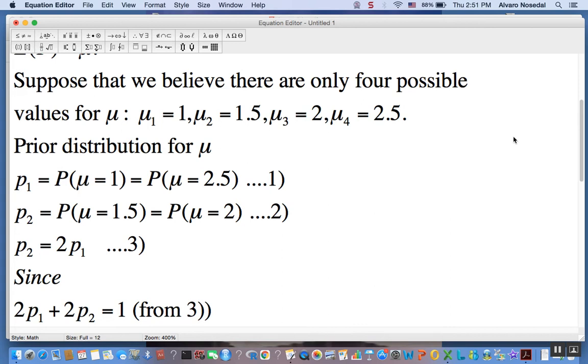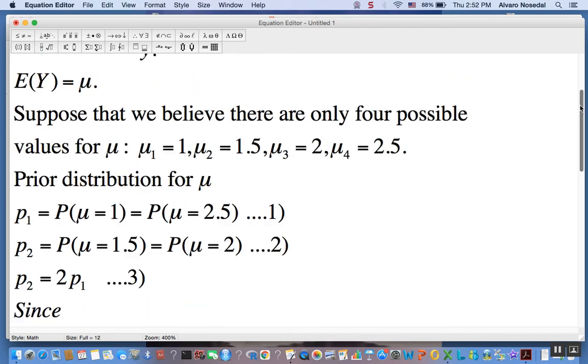So let's try and construct that table to come up with the posterior distribution for mu. And that way we're going to find out which value of mu has the highest posterior probability, meaning which value has the highest probability of having actually produced our data, in this case our single observation.